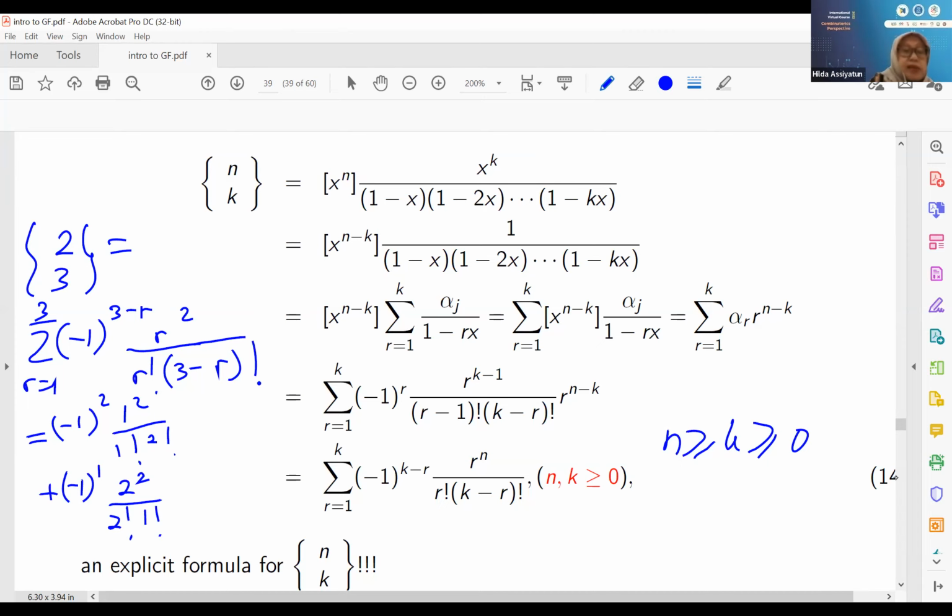And the last one is minus 1 to the 0, 3, over 3 factorial, 0 factorial. What is the sum of these 3 terms?